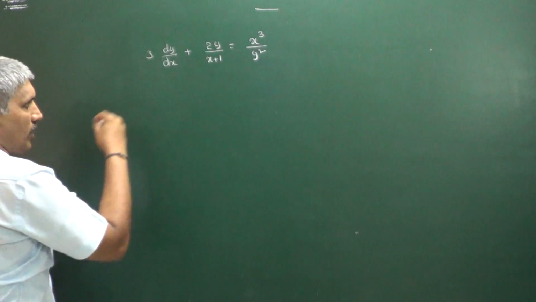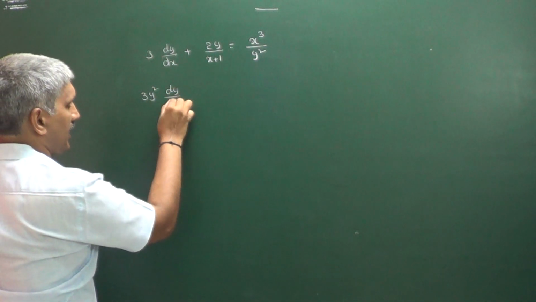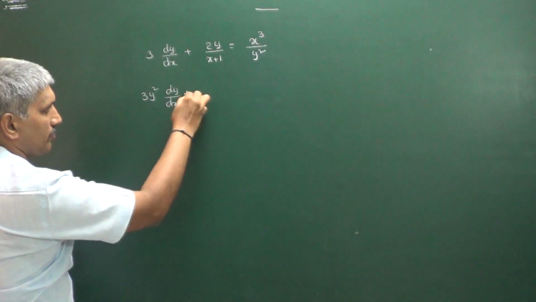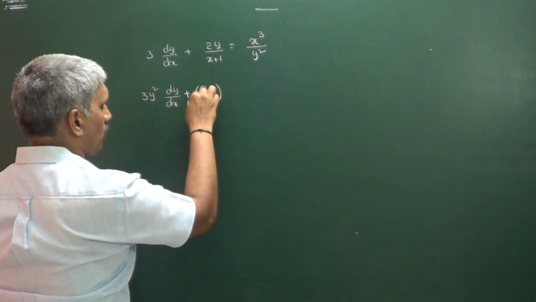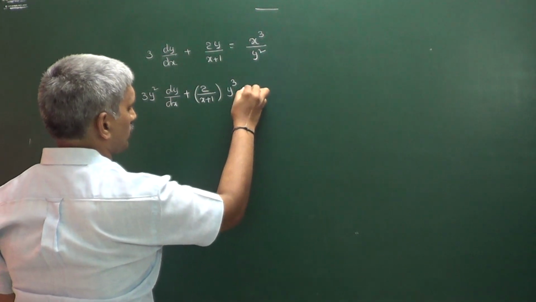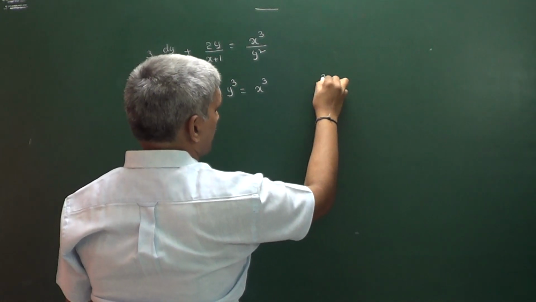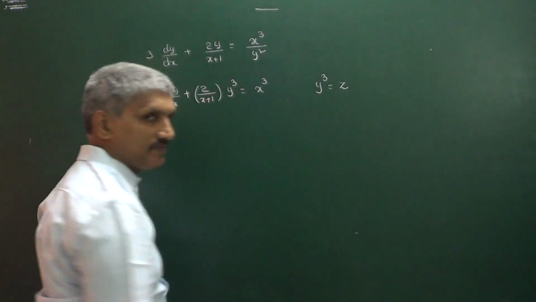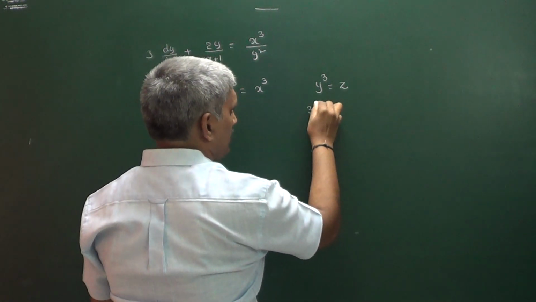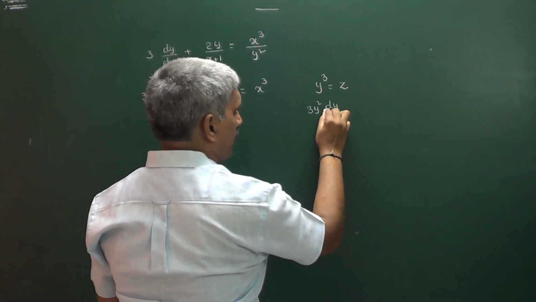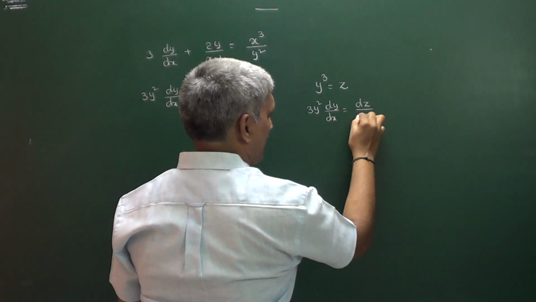Now multiply by y square, and it becomes 3y square into dy by dx plus 2 divided by x plus 1 into y cube is equal to x cube. Now we can write y cube is equal to z, therefore 3y square into dy by dx is equal to dz by dx.